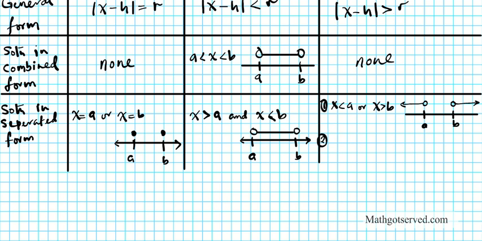Second possible scenario is you can have x is less than a or x is less than b. You notice they both point in the same direction, okay? But remember, when you're dealing with unbounded regions, you don't stop at the boundaries. You run right past the boundaries. That's what the whole idea of being unbounded is, okay? So in this case, lower bound is a, upper bound is b.